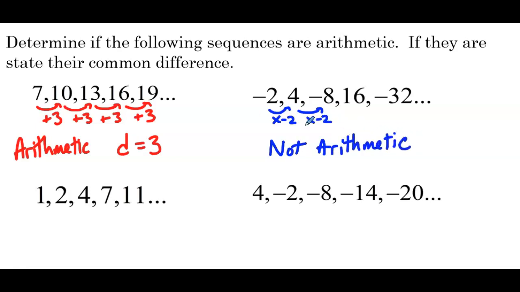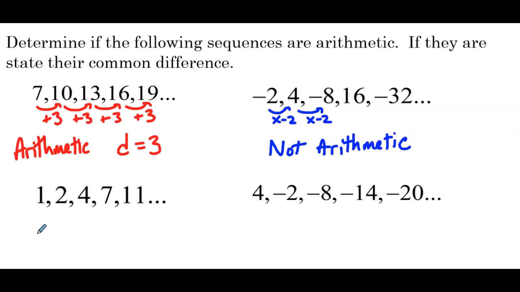We are multiplying by the same value over and over again to get from one term to the next. But the definition of an arithmetic sequence is adding or subtracting that value. This sequence is actually called geometric, and we're going to handle that in a later video.